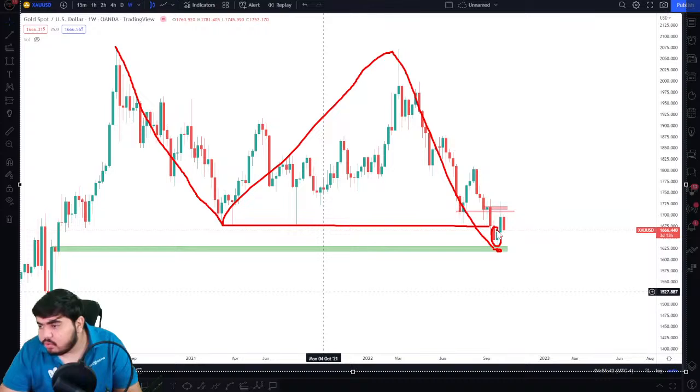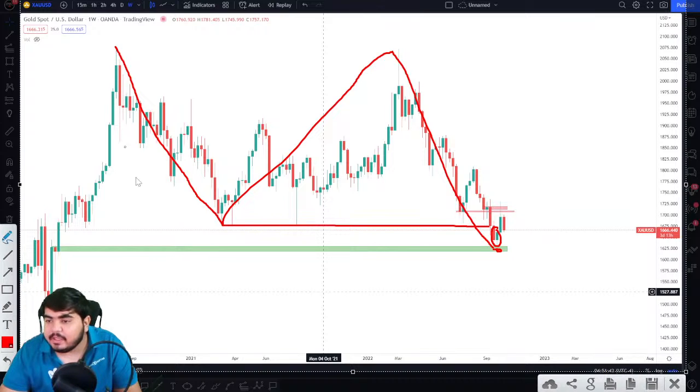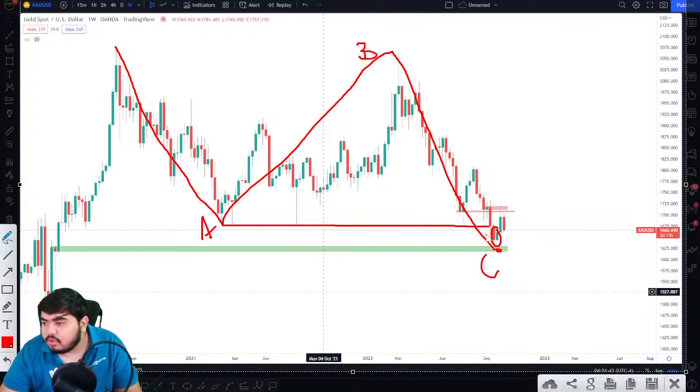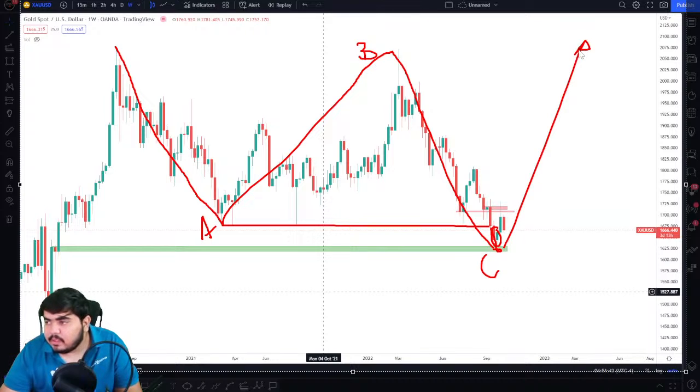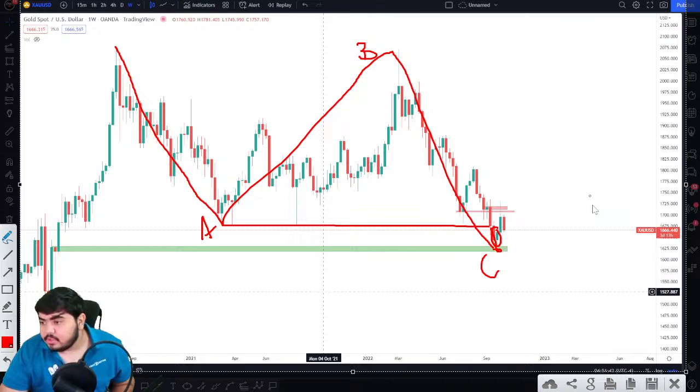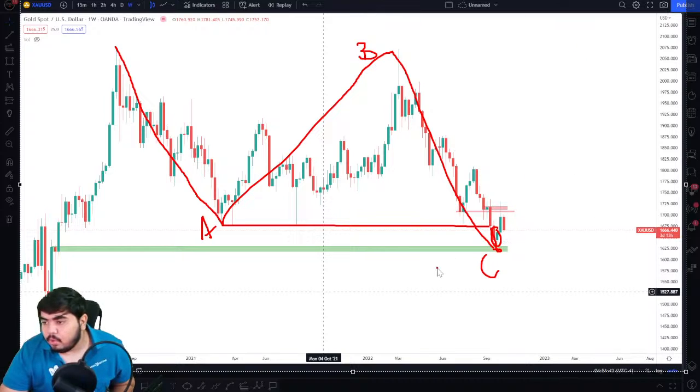It has closed below, so it is invalidating our ABC right here. If we would have had some sort of wick rejection right here, some sort of sweep rather than a close below, then we would be expecting a continuation to the upside on the higher degree. But so far market has broken below this level.